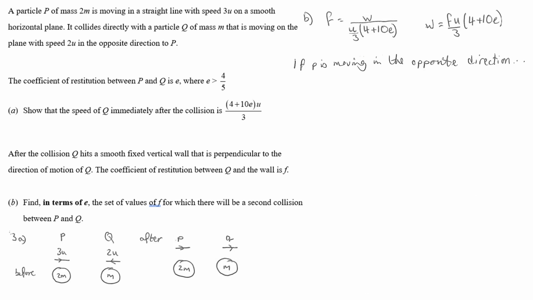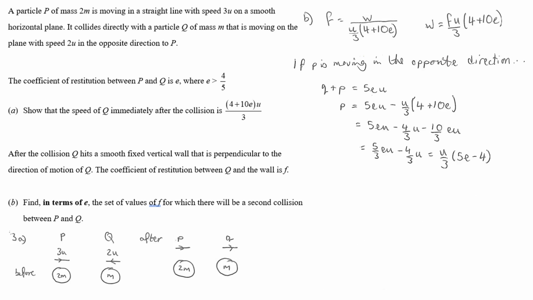Then I've said, if P, unlike my diagram, is moving in the opposite direction, Q plus P, so I'm going to look for an expression for P. So I said Q plus P is equal to 5eU.